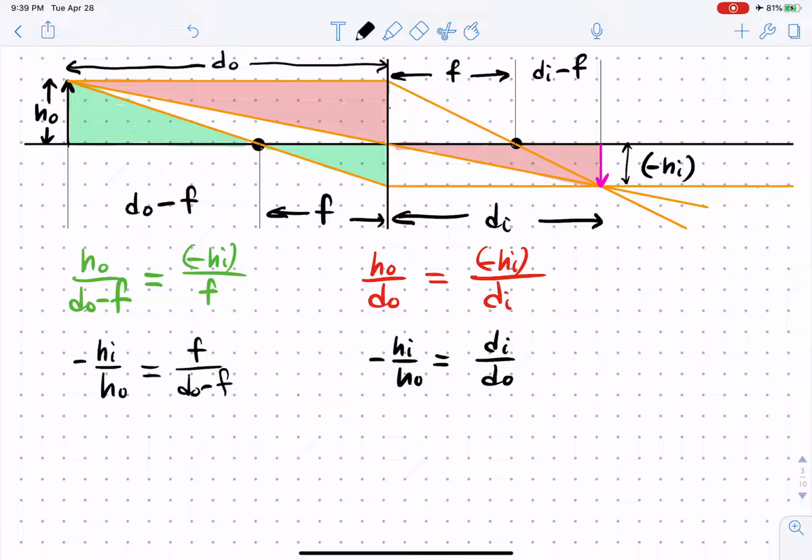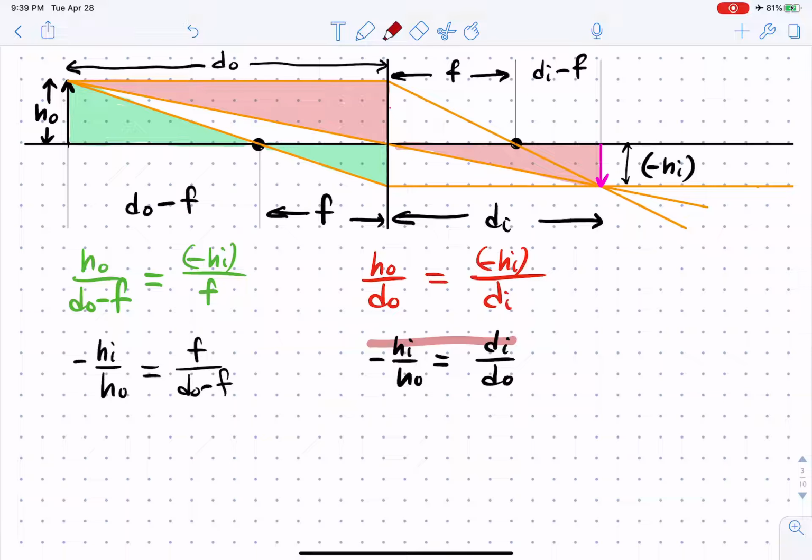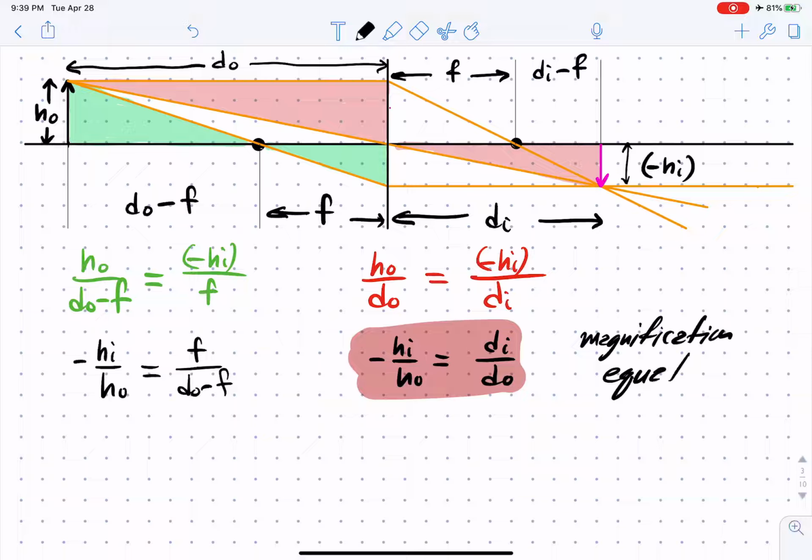Okay. We've already gotten something here which is useful. This guy is called the magnification equation. You can see it gives the ratio of the image side to the object side. So if it got bigger, that number would be a big negative number.